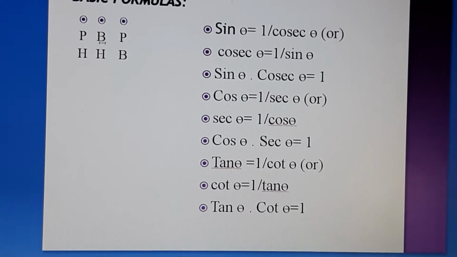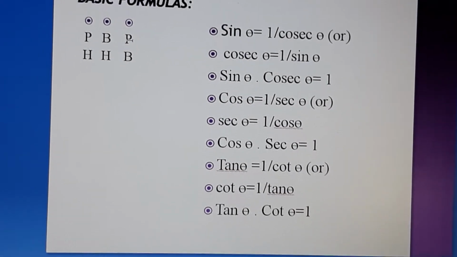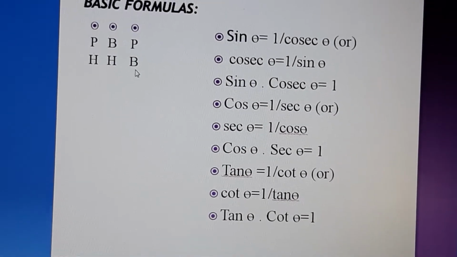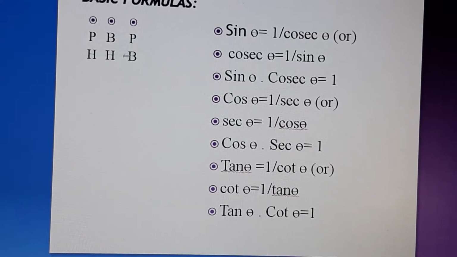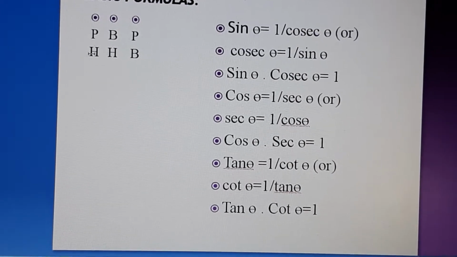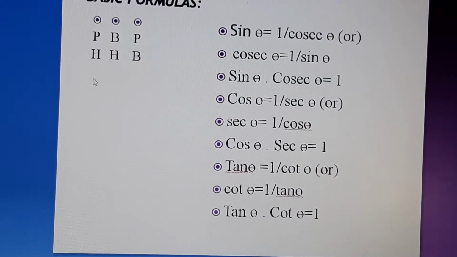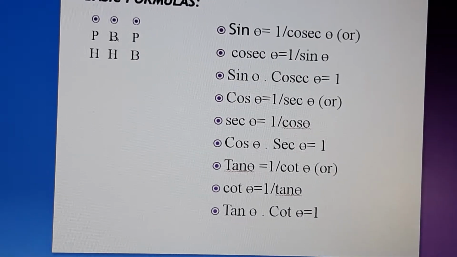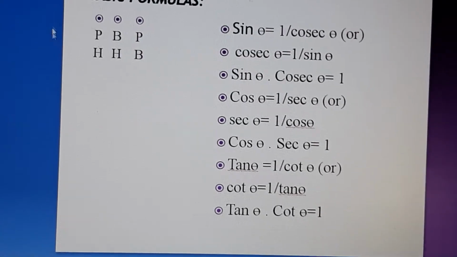B by H, that is cos theta, is equal to B by H, and tan theta is equal to P by B. Opposite of this, B by P is cot theta, H by B is secant theta, and H by P is cosecant theta. So these 6 we remember in short form, that is Pandit Bhadri Prasad Hari Hari Bol. Some mantra type also we can remember these things.